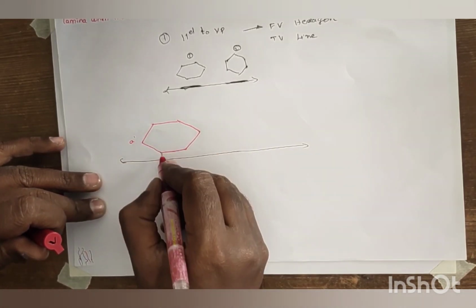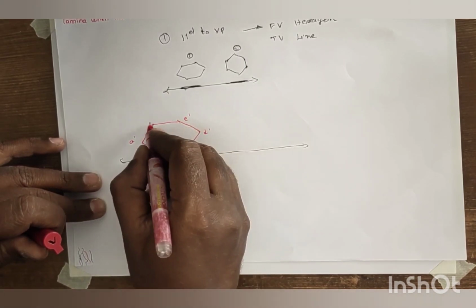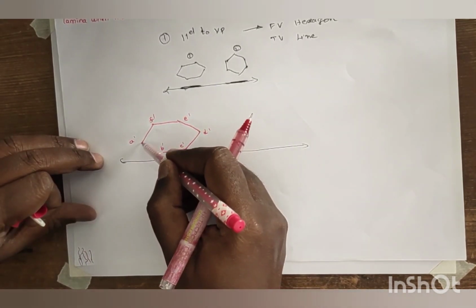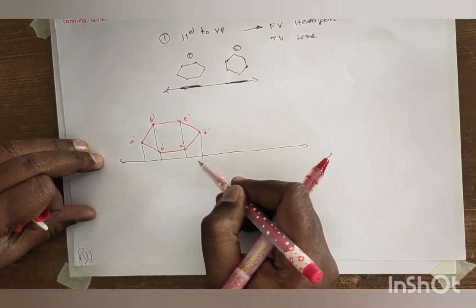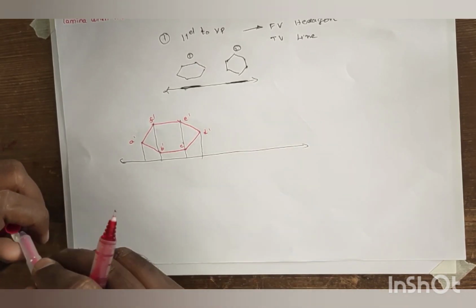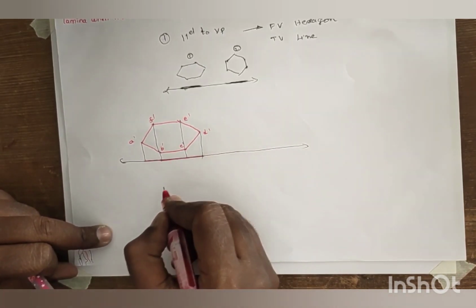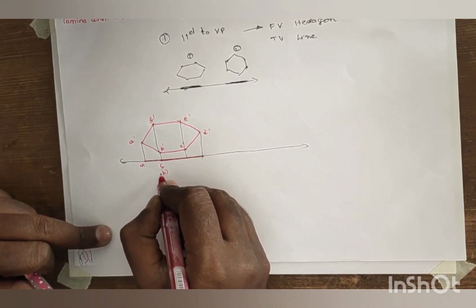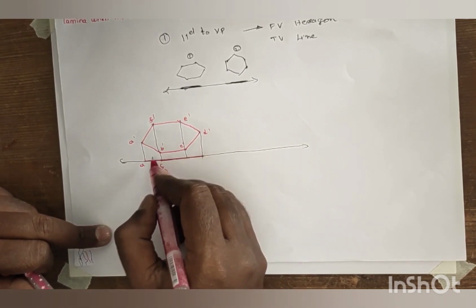So it is A dash, B dash, C dash, D dash, E dash, F dash. Now we have to draw the projectors. Initially, the total hexagon is on VP, then we are lifting. So now this is your top view. A, F comma B. B is not going to be visible because among F and B, B is nearer to the XY line.